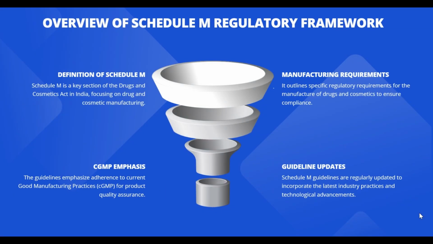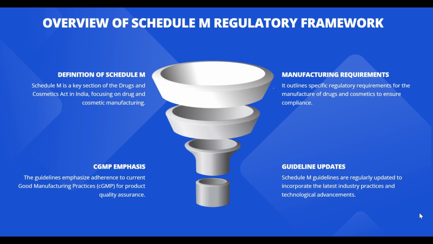So if we see the overview of the Schedule M regulatory framework, Schedule M is a key section of the Drugs and Cosmetics Act in India. It focuses on drug and cosmetic manufacturing. Further, the cGMP guidelines help us to understand the current good manufacturing practices for product quality assurance.